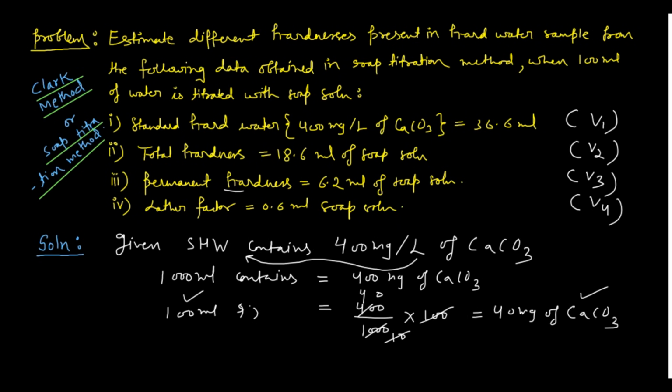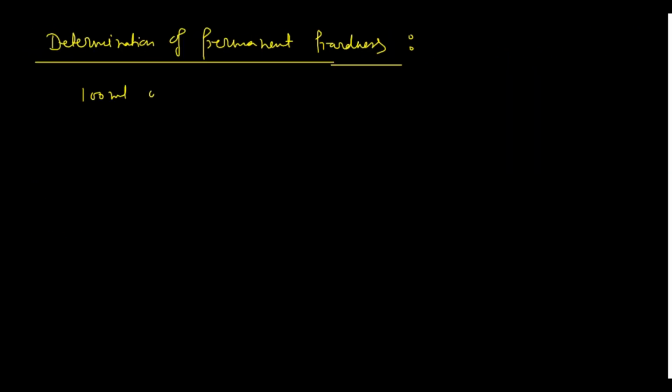Let us check how to do this. 100 ml of boiled water. If you boil the water in an open container, then temporary hardness will be removed and you are left with only permanent hardness. So your 100 ml of boiled water, which has only the permanent hardness, requires 6.2 ml of soap solution.